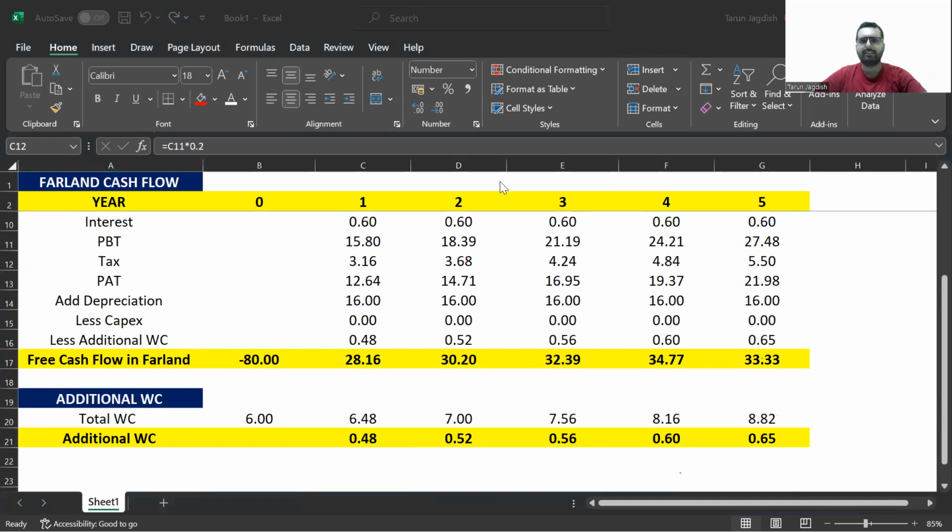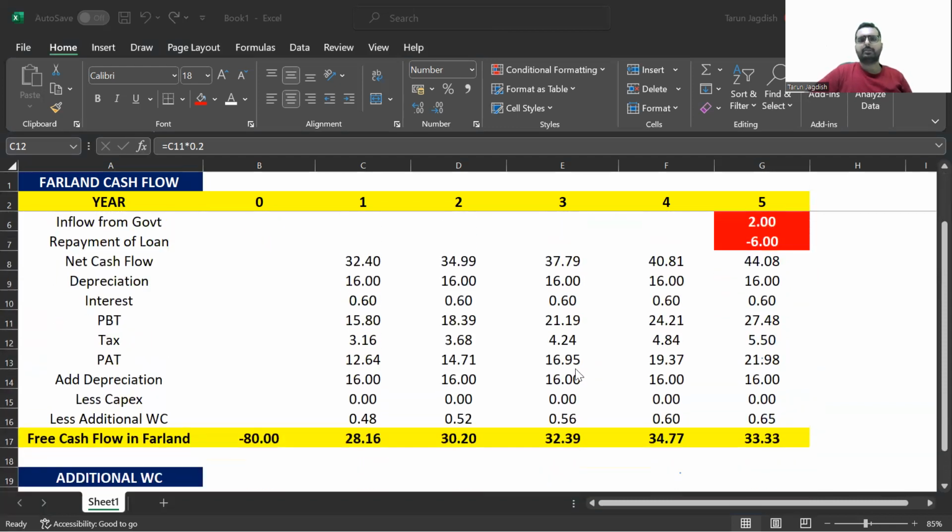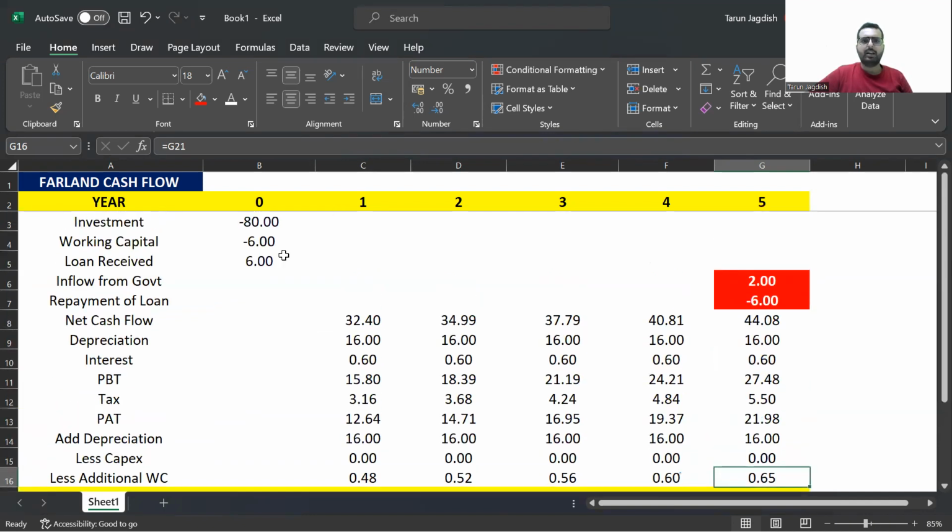Sarvamangala, can you raise your hands? Yes, Sarvamangala, interact with me. Normally, what do we do? We use the formula profit after tax plus depreciation minus capex minus additional working capital, correct? Yes, sir. Here, apart from that, you have a loan repayment of 6 that's happening over here.